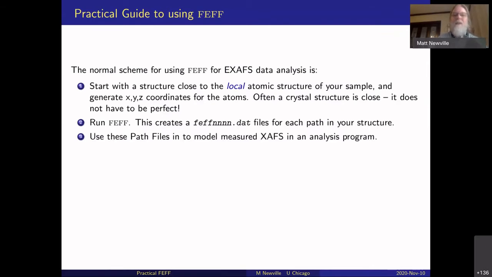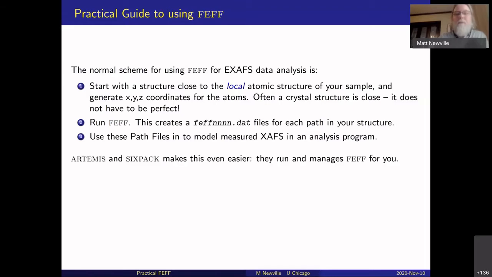So running FEFF for a crystal structure will generate a series of files, feff0001.dat, feff0002.dat, which will encapsulate the scattering factors for each of the paths in your structure. And then we'll use those paths as the model to build up our XAFS as the sum of paths.